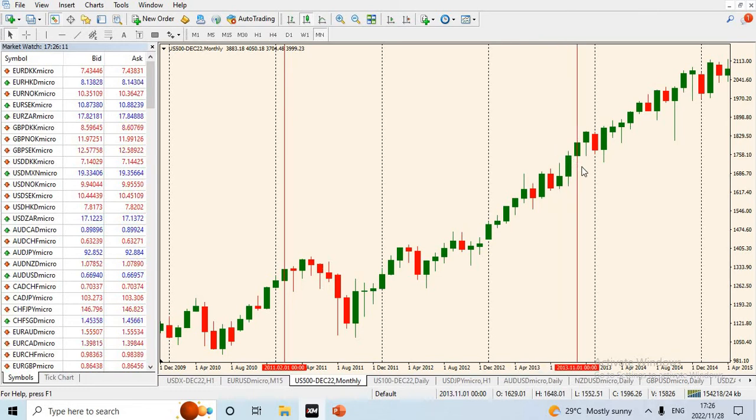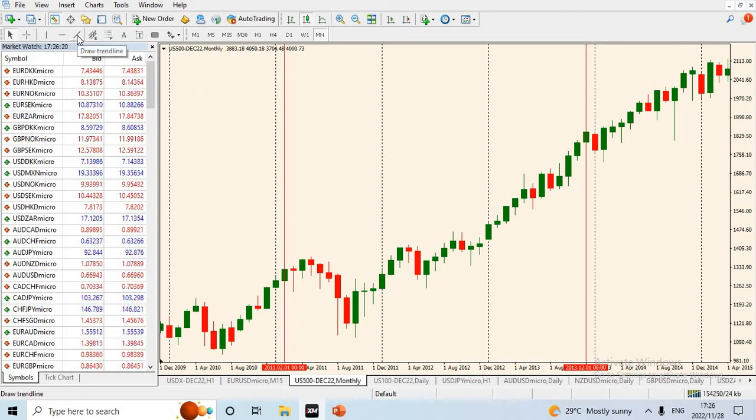I just picked a random place, which I think is the best thing you could do as a trader, because that's what we have to do always. So it's an uptrend. We're looking for premium or discount arrays.